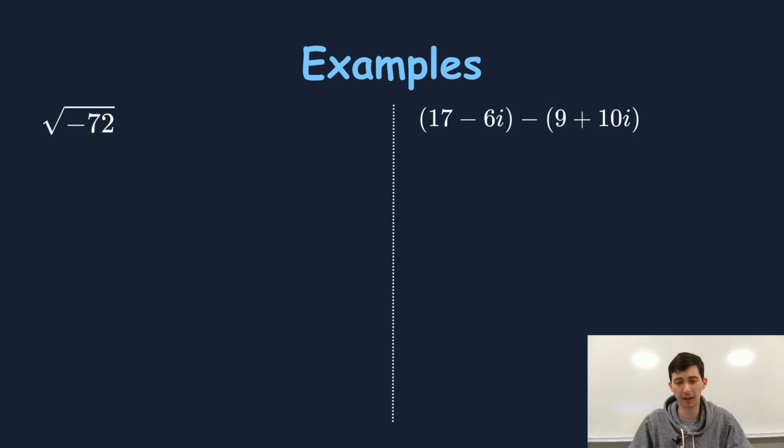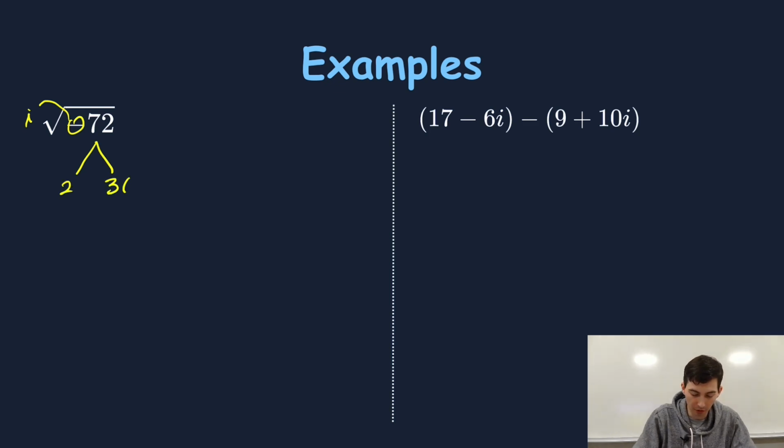So first, just simplifying a square root with a negative. First thing I can do is, since I have this negative, I'm just going to move that out as i, okay? Anytime that we have a negative inside the square root, it's going to be imaginary, so we can just take out the i before we get started. And now we can try and find numbers that multiply to 72. Well, I can say 2 times 36 multiplies to 72, and 36 is actually a perfect square.